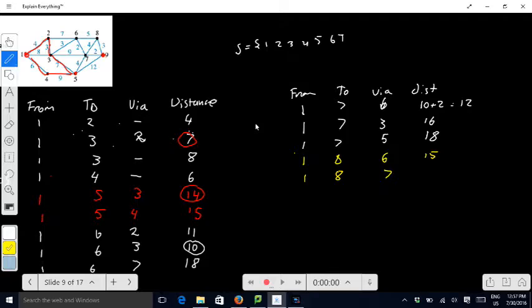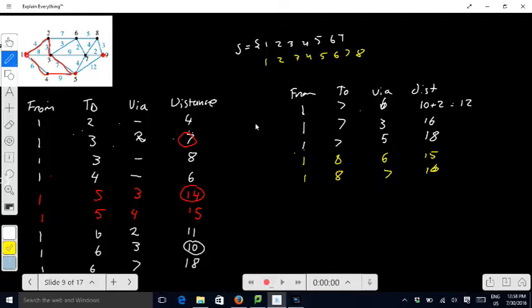So 1 to 3, 3 to 7 was 12, plus 4 was 16. So now we've got 1, 2, 3, 4, 5, 6, 7, now 8. Our last one was 9, which we want to get to.